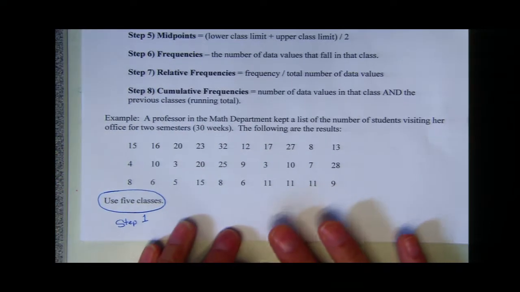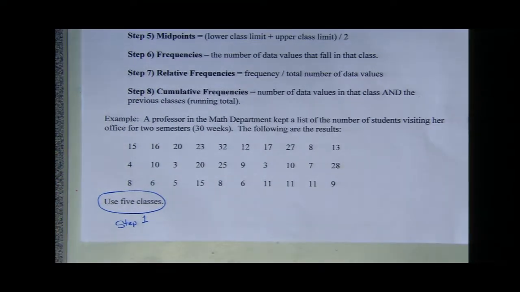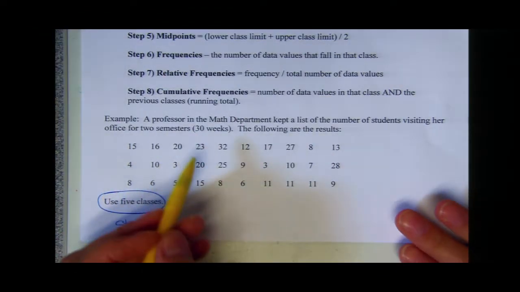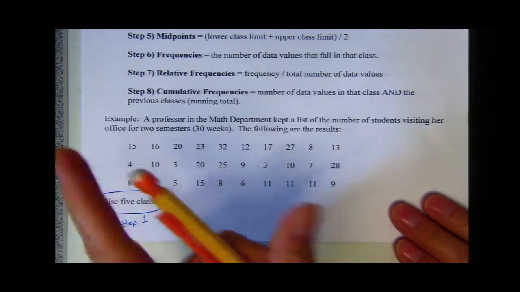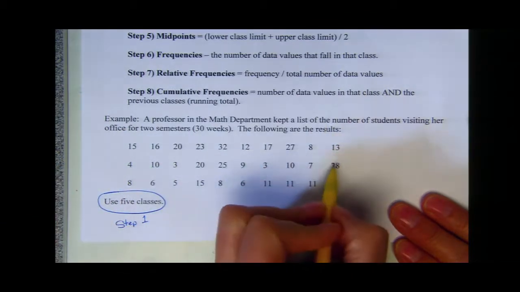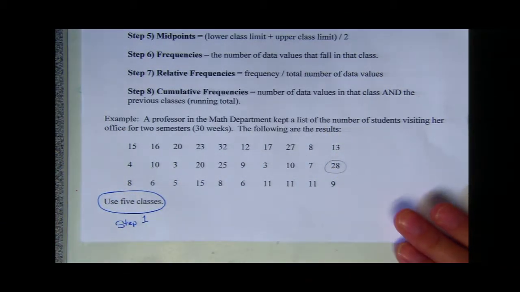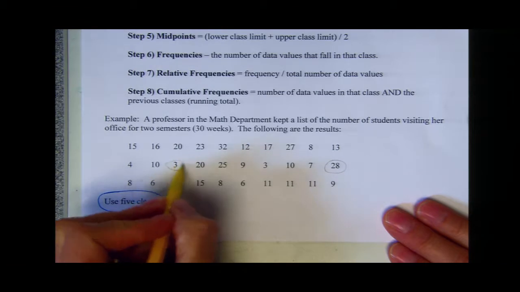Be very careful in this step, because if you calculate an incorrect class width, then it messes up your whole table. To be honest with you, when I was going over this problem, I was skimming my numbers and I located the number 28, and I was like, okay, that's my largest, and I located the 3.